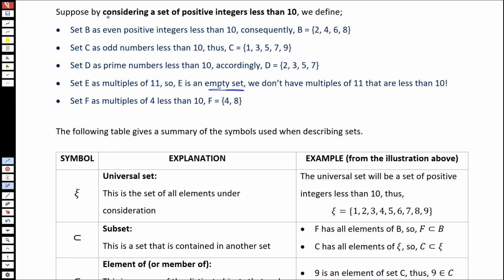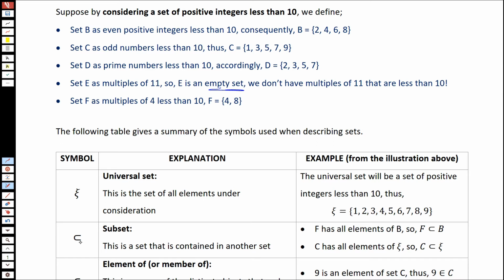In this case, we are considering positive integers less than 10. So that will be our universal set, and we can write it this way. So our universal set will be basically all positive integers less than 10. And we list them 1, 2, 3, all the way to 9, because they have to be less than 10. And use curly bracket and commas, like I said previously, to list them.